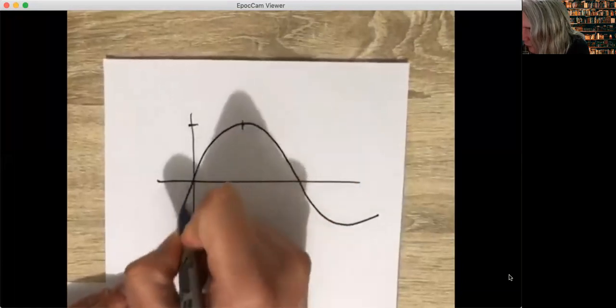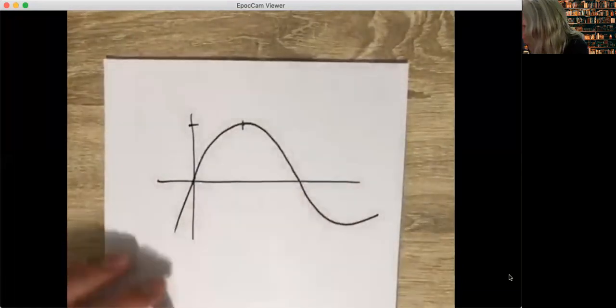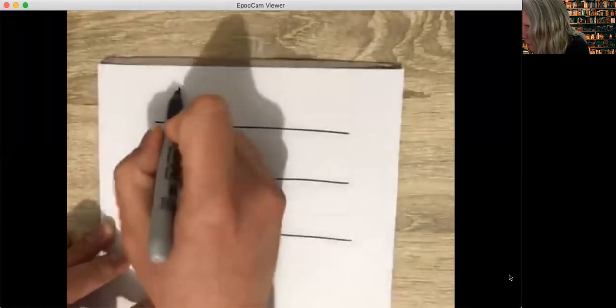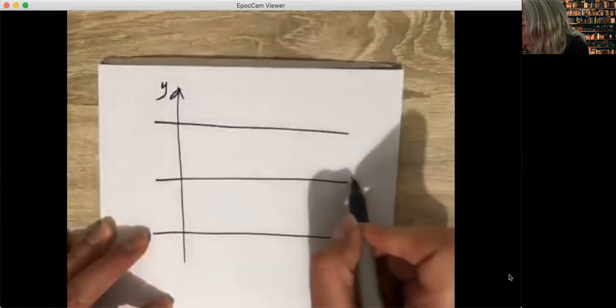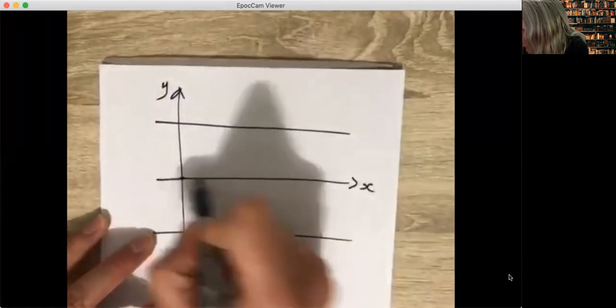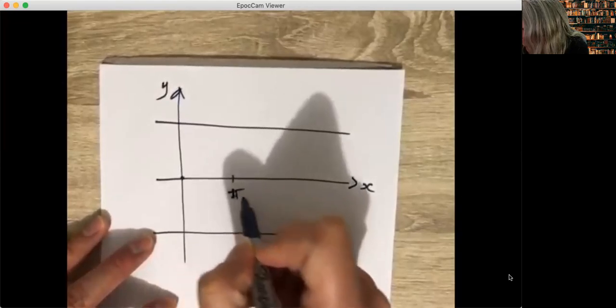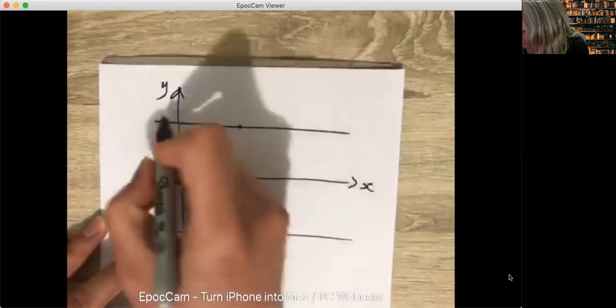I haven't drawn this very well to convince you actually. Let me try that again. I'll draw an extra couple of lines in here. So here's our y, here's our x, and sine tells us that when we get to pi here, we get to 1 here.